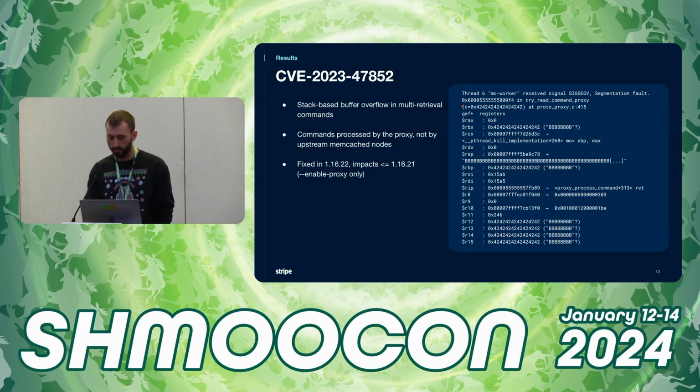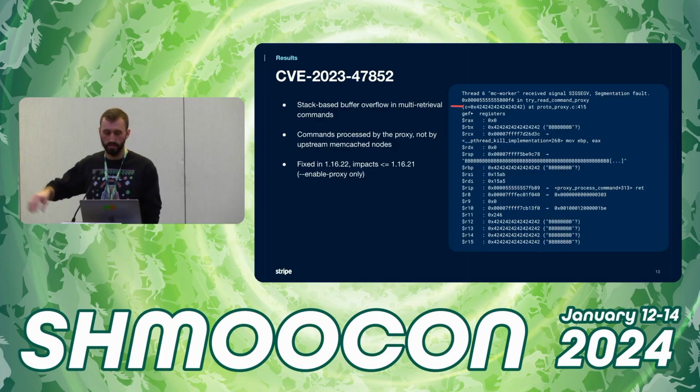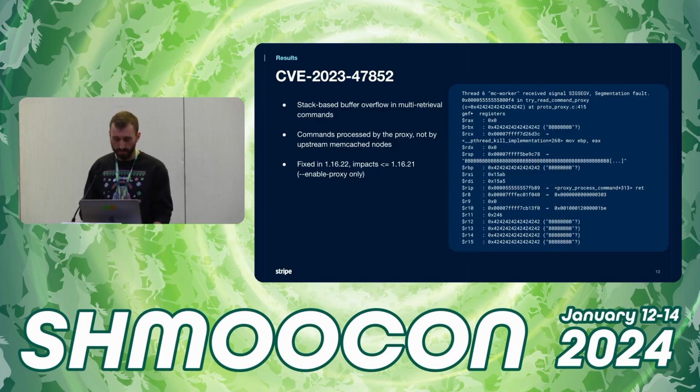We overflow notably the connection object itself, and then we have full control over the stack, the base pointer and the stack pointer. Importantly, this was all crashing within the proxy itself, so it is not hitting any of the upstream data nodes. This was fixed recently in 1.16.22, which is the latest release of Memcache.